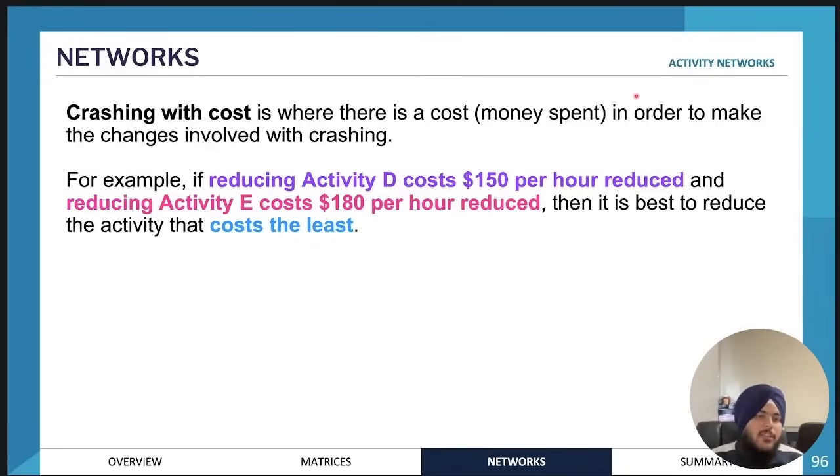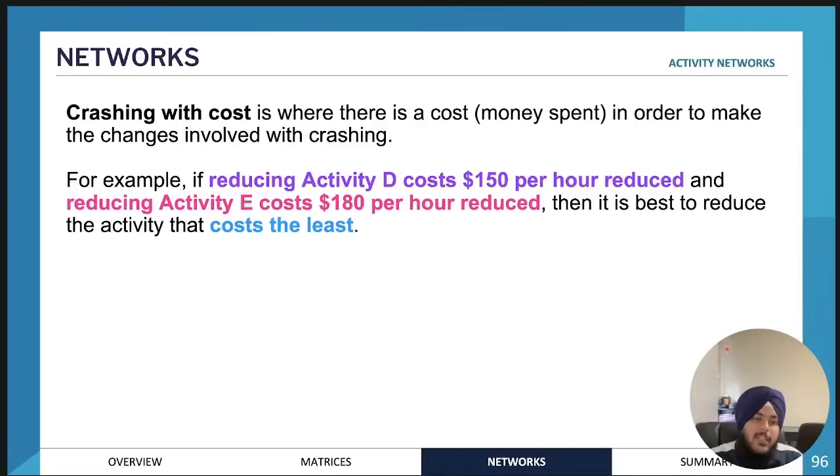And then another thing that you will be having a look at is crashing with cost. Crashing with cost is when a certain cost is associated with crashing a particular activity. Crashing is essentially just reducing the time it takes for an activity to complete.